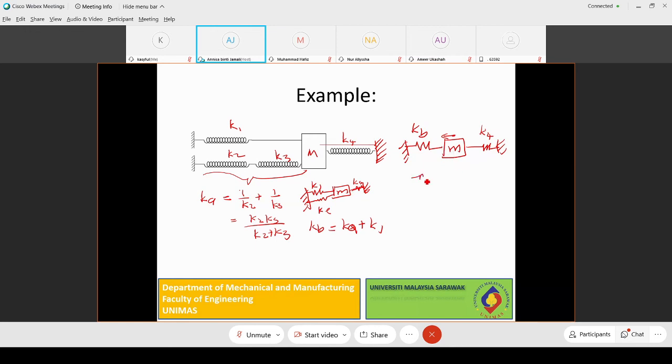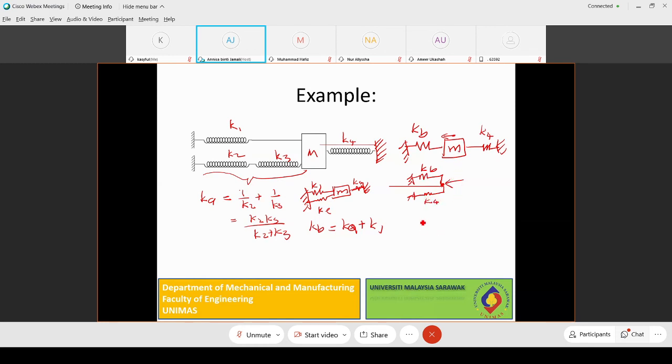So you can imagine it in this way. This is Kb. Imagine this node is the mass. This is K4. This is fixed, this is fixed, then there is a force here. So this is actually sitting in parallel.